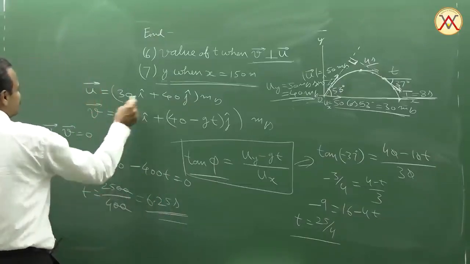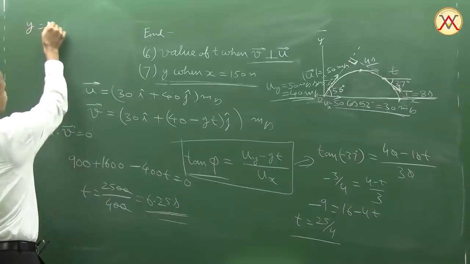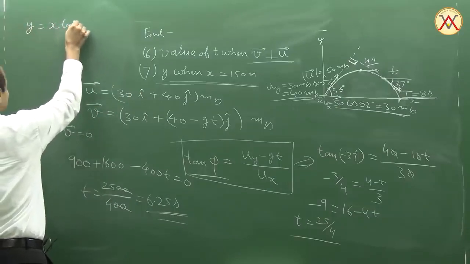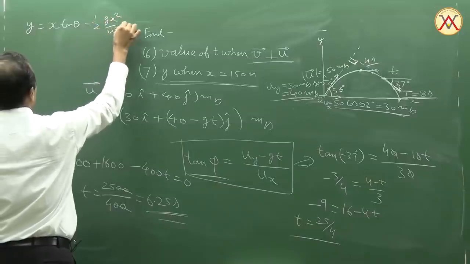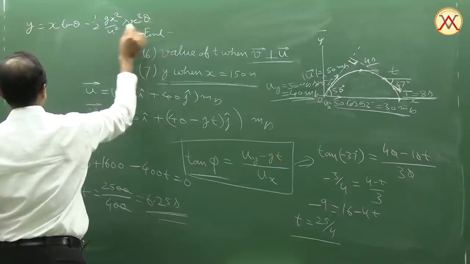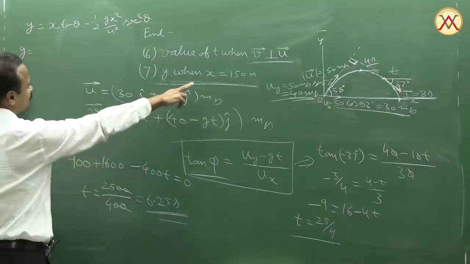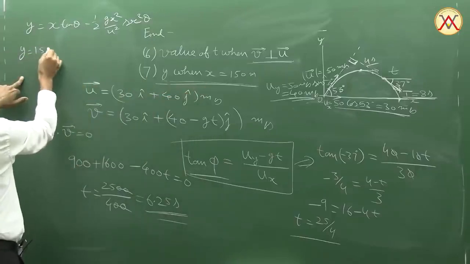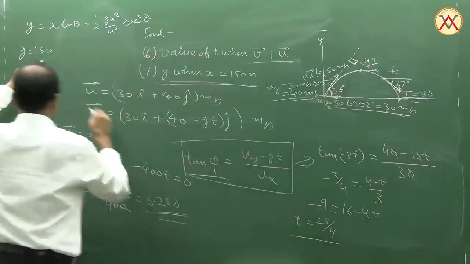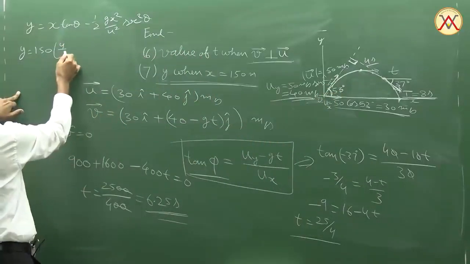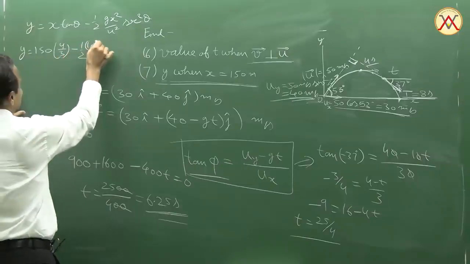So let's do it using the equation of trajectory. So y was x tan theta minus half g x square by u square sec square theta. Alright, so this gives us y is equal to x, 150, tan theta is 4 by 3, tan 53 is 4 by 3, minus half g, g is 10.